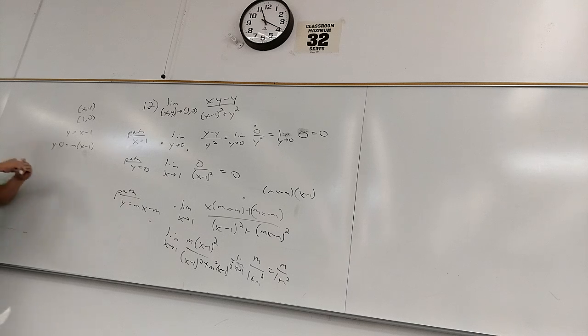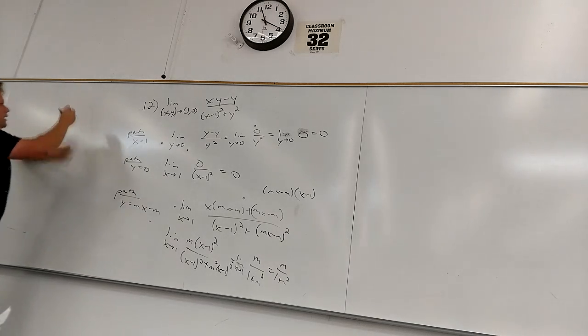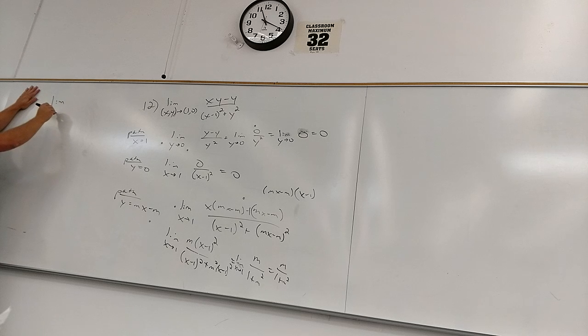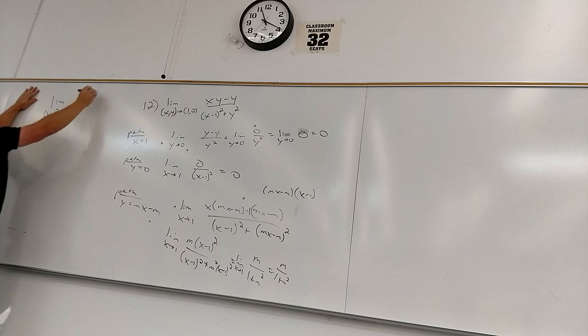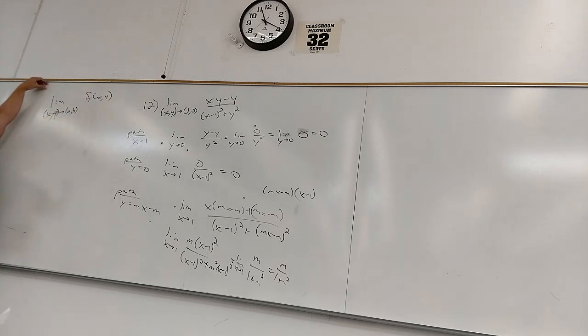So if it was the limit as x, y goes to a, b of some function, what linear path would I take? Again, you can do it like we just did. I've got to go through the point x, y and a, b. And let's say the slope is m.